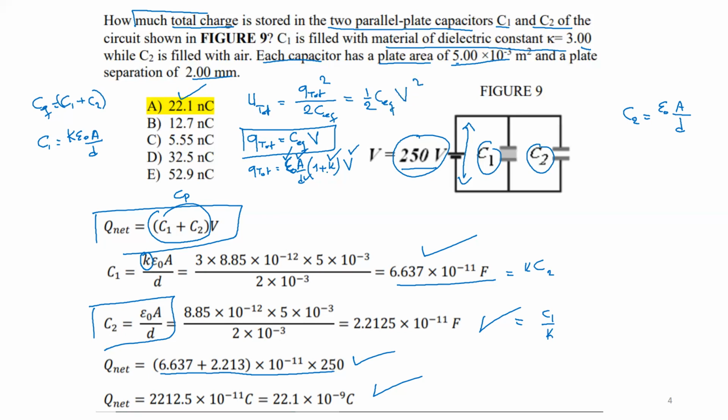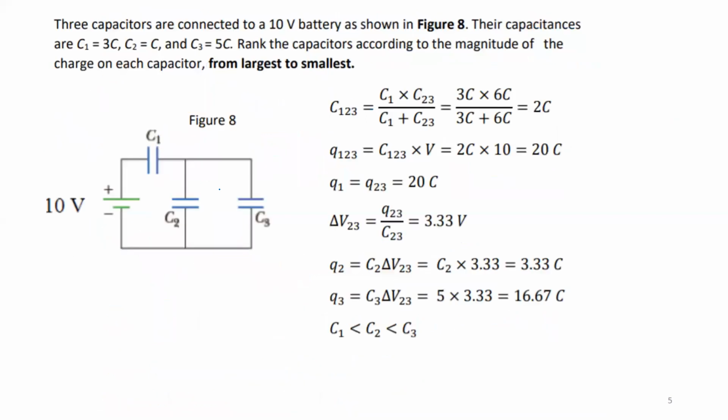So I know everything here as well. I know C equivalent, I know V, which is the same, and I can get the total energy stored. Or I can also use this formula, Q total, which I already calculated, divided by 2 times C equivalent, and you will get exactly the same answer. Clear? Okay, let's go to the next problem.